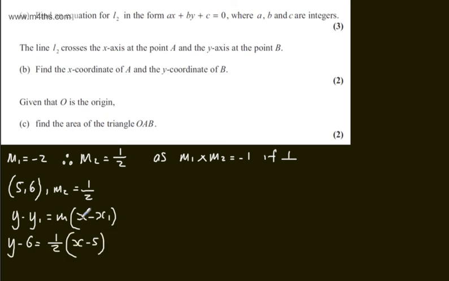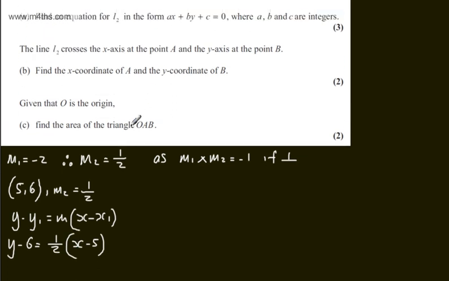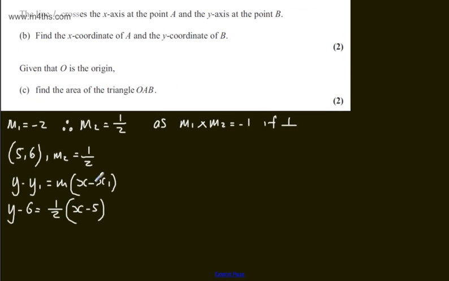At this stage, of course, you can use y is equal to mx plus c. We need it in the form ax plus by plus c equals 0, so I'm going to multiply both sides of the equation by 2. 2y minus 12 is equal to x minus 5. Subtracting 2y from both sides and adding 12, x minus 2y plus 7 is equal to 0.